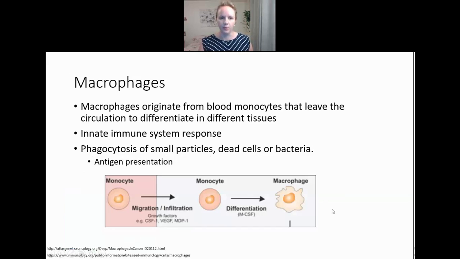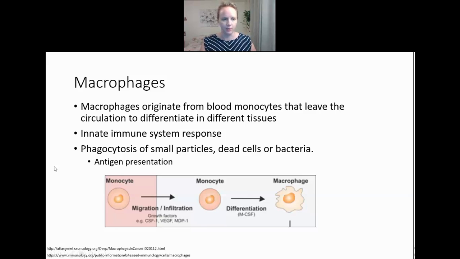So to begin with, macrophages are actually differentiated monocytes. Monocytes in the blood migrate and leave the circulation, differentiate and become macrophages. They're mainly involved in the innate immune system response, where they phagocytose dead cells, bacteria, and foreign particles, and they're involved in antigen presentation.